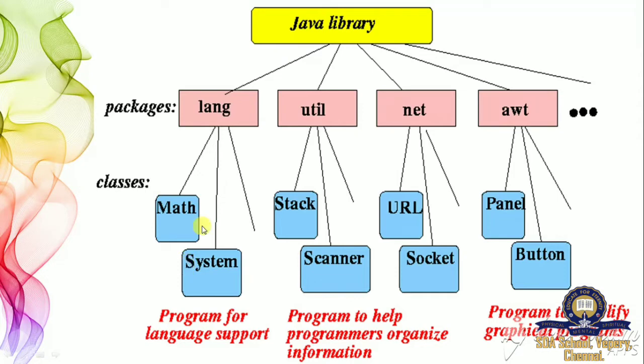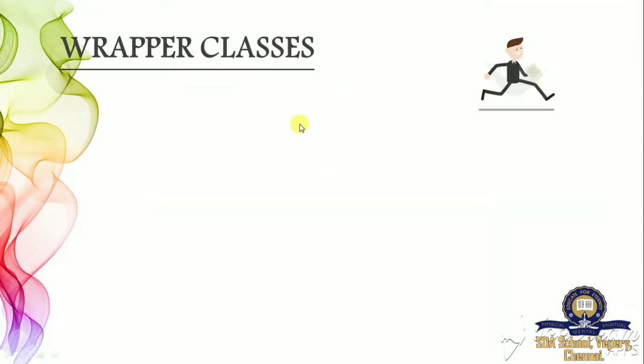Now let's see what is given in this chapter. Another most important class that comes under the lang package is the wrapper class. In this lesson we are going to learn about wrapper classes. Now let's see about wrapper classes.